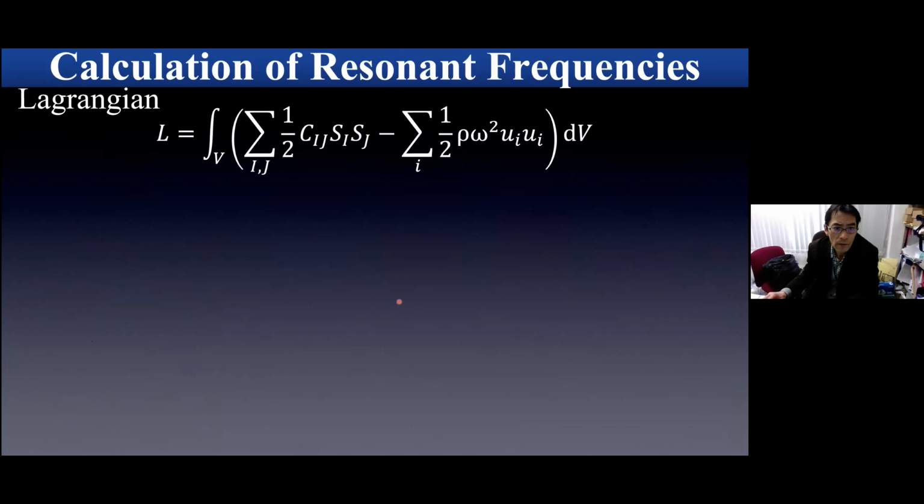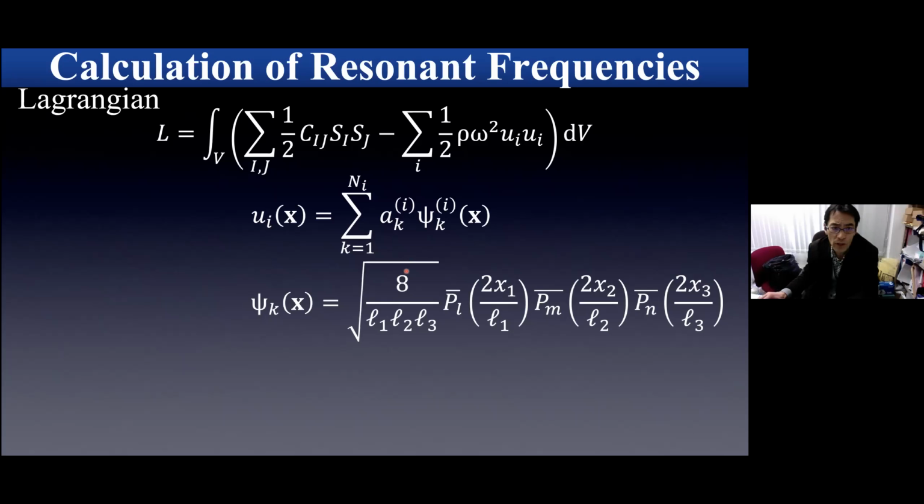The calculation of the resonant frequencies and the mode figures can be made very accurately using the Rayleigh-Ritz method. The Lagrangian of the solid in the case of free vibration is given by this equation. This is the strain energy, and here is the kinetic energy.